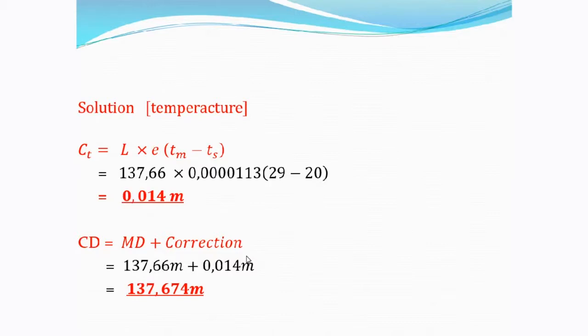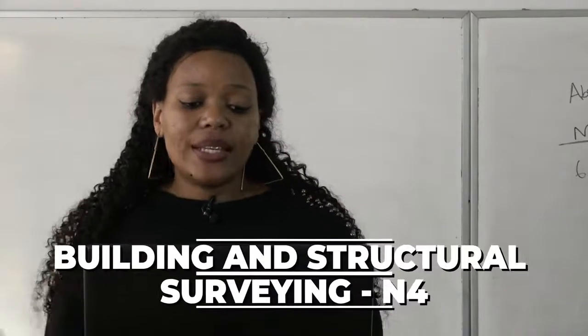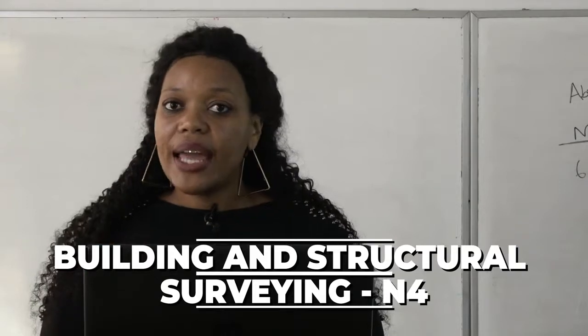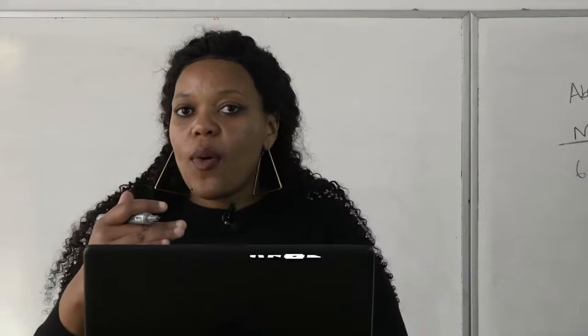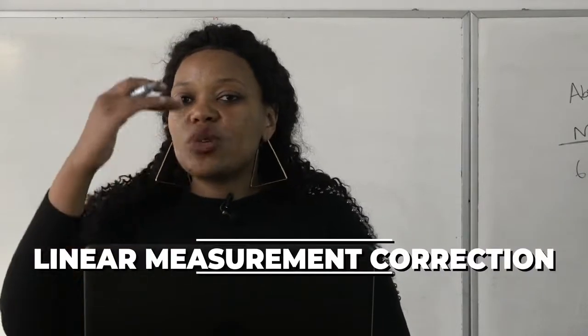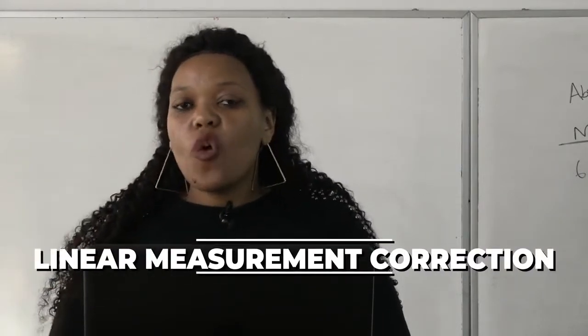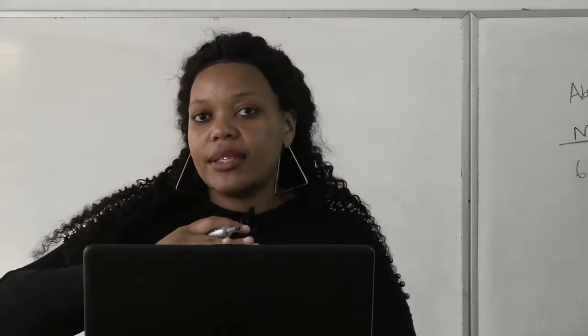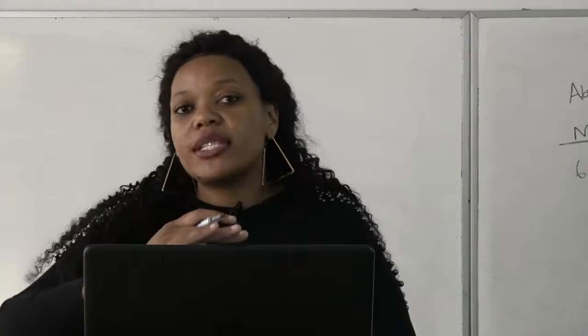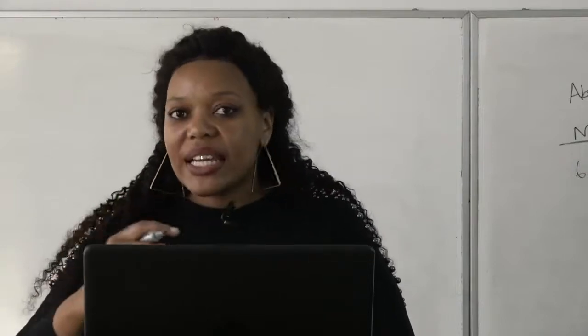Okay, here it is plus. Why did we add the correction to the length? It's because we did our measurement at 29 degrees Celsius, which exceeds the temperature of the standard tape, because the temperature of the standard tape is 20 degrees Celsius.